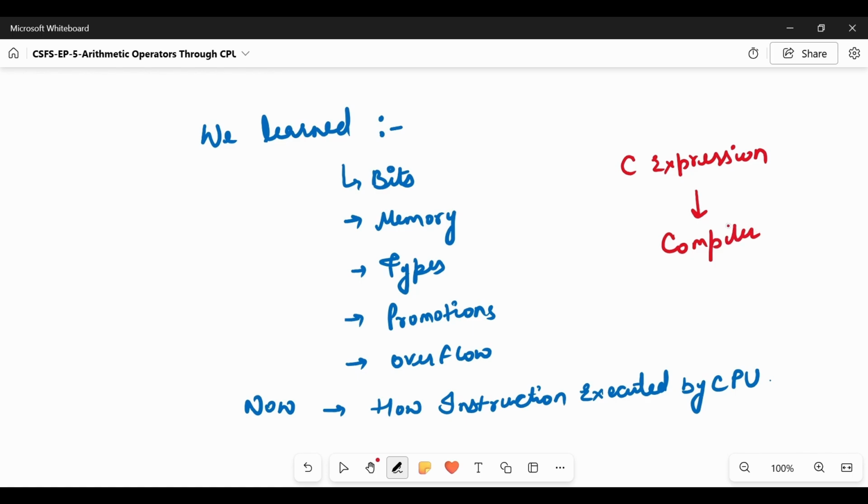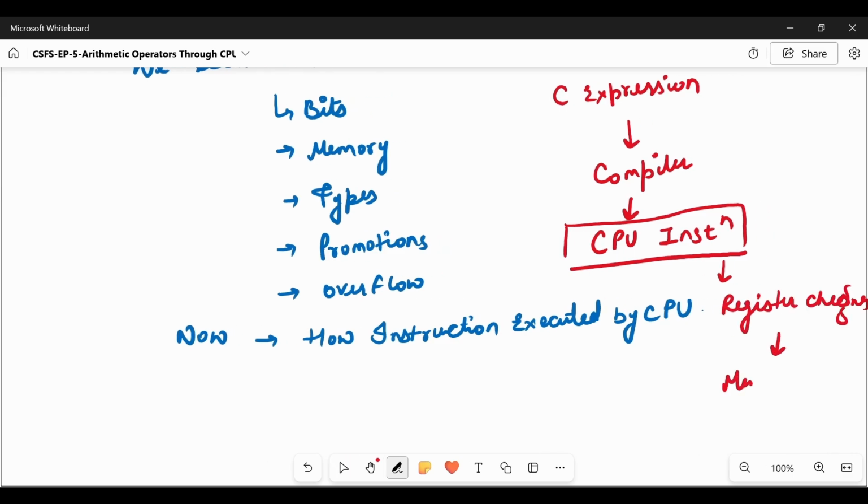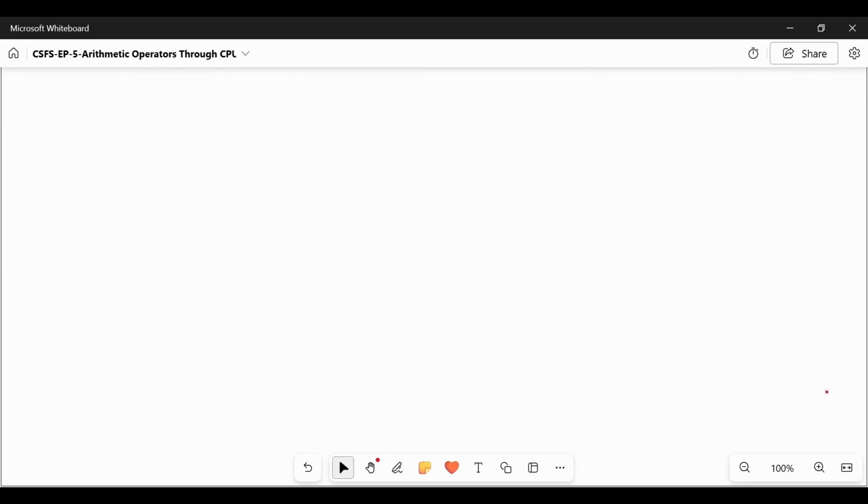Then comes the compiler: how it does the promotions, how it detects the overflow, what different data types it sees, and based on that how it reserves the memory for them. Now how the CPU performs the operation, the CPU instruction, this is where we are. In the coming episode, we will see the register changes and how the memory is updated. CPU instruction will happen, then the register value will change and the memory will get updated. Let us see what is happening.